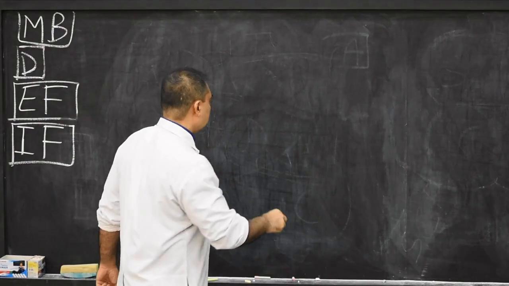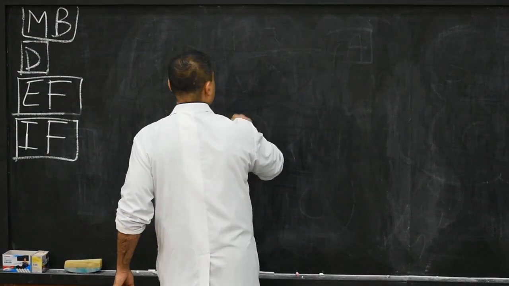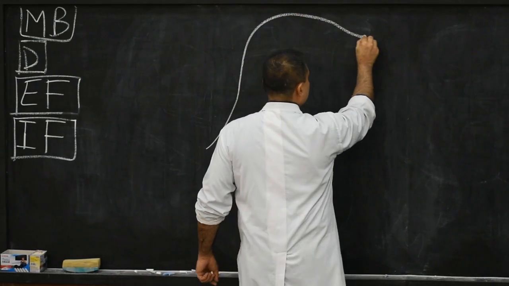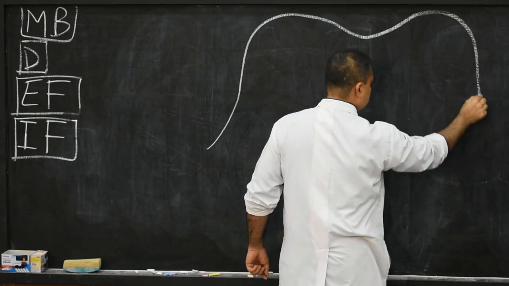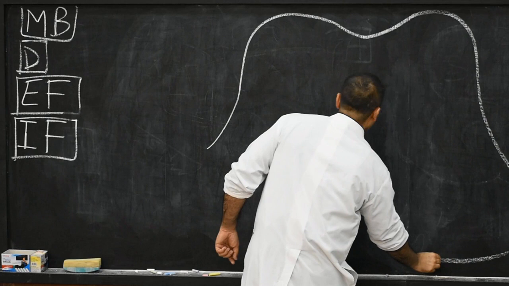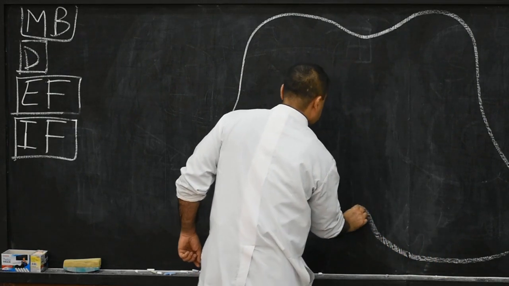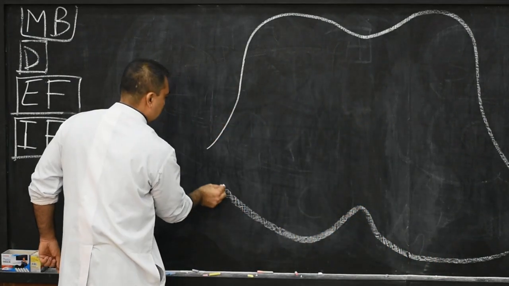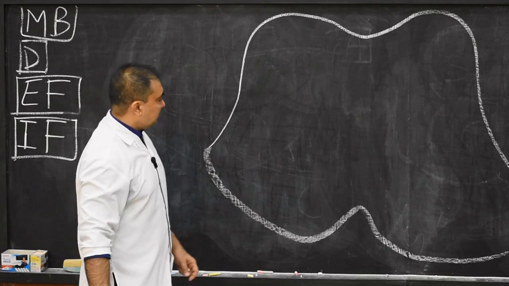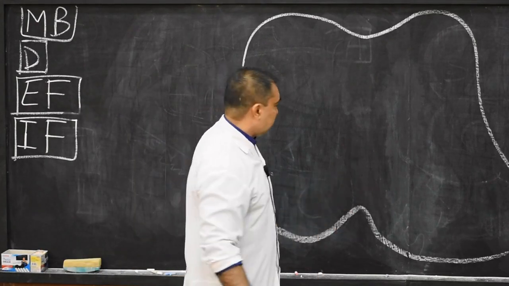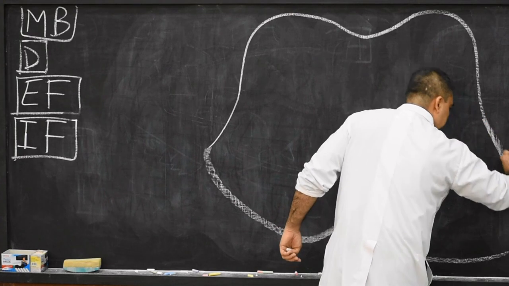So therefore, in the cross section, once again, we draw this cross section diagram in which we have to show this is the cross section of the entire midbrain. Now we highlight this.